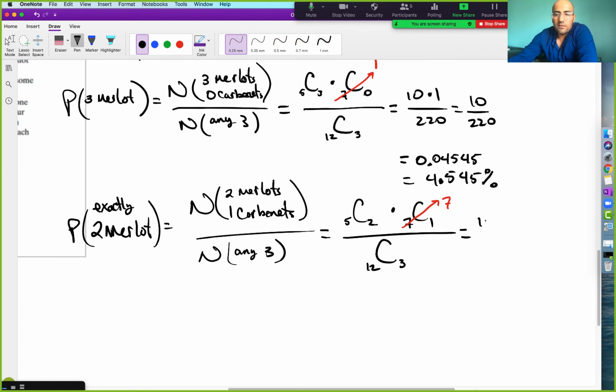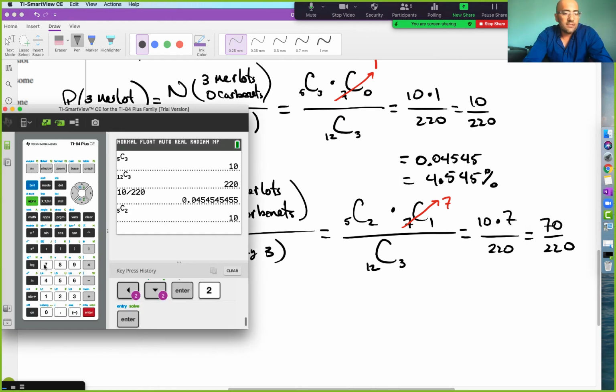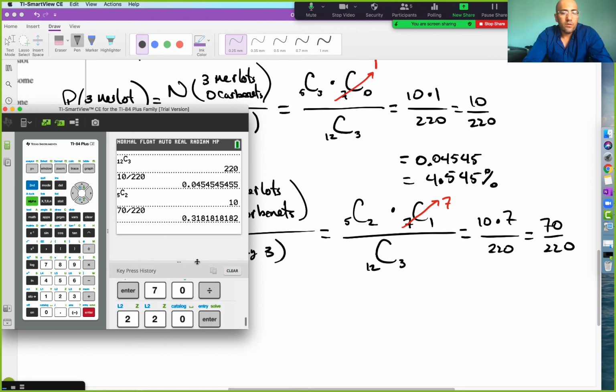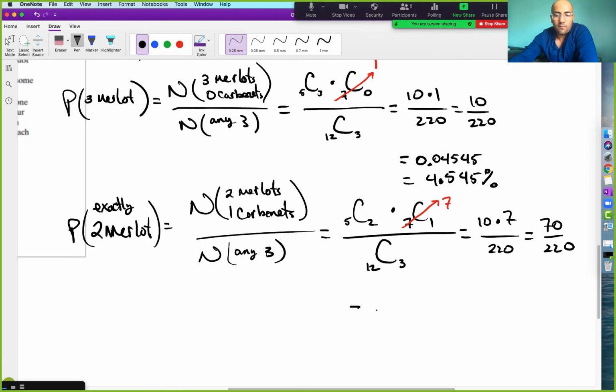So this will be equal to 10 times 7 divided by 220, which gives you 70 out of 220. And so 70 divided by 220 is 0.3182, or approximately 31.82%.